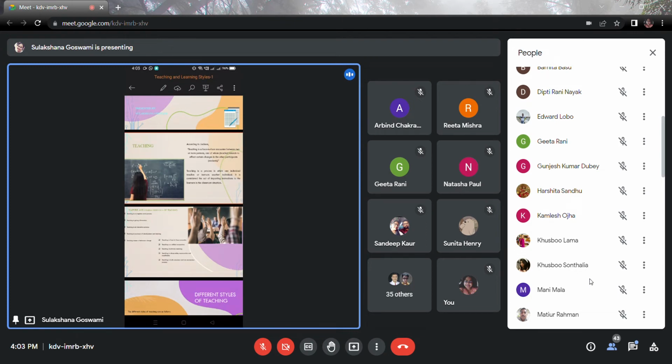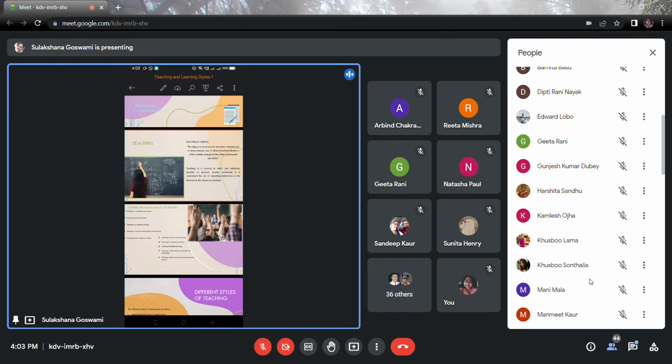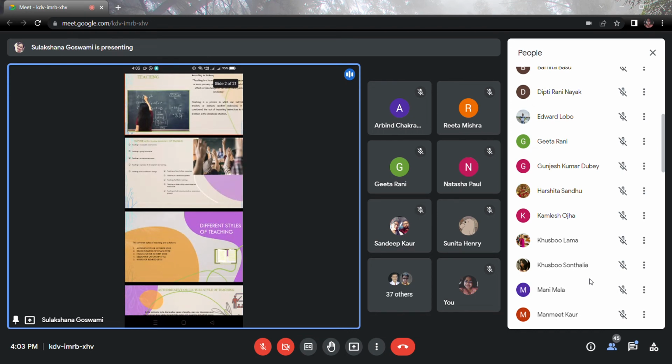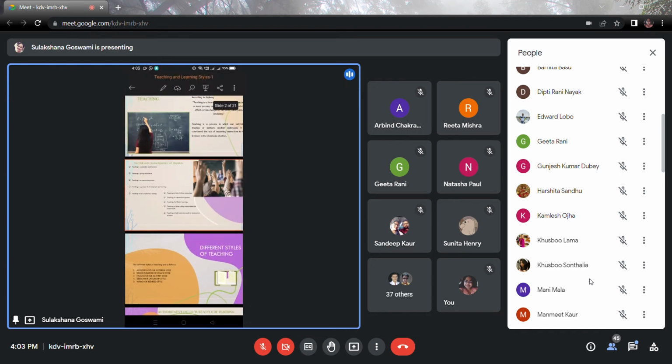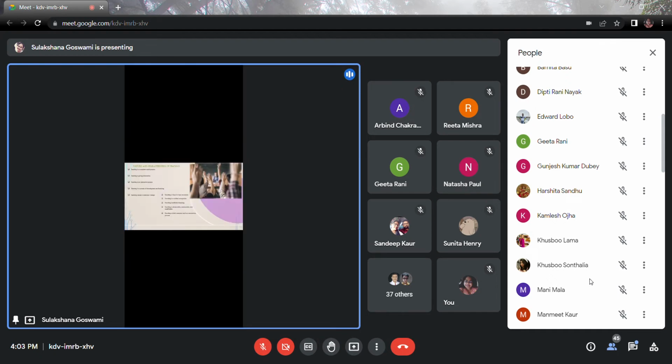According to Jackson, teaching is a face-to-face encounter between two or more persons, one of whom, the teacher, intends to effect certain changes in the other participants who are students. Now, let's move on to the next slide, nature and characteristics of teaching.